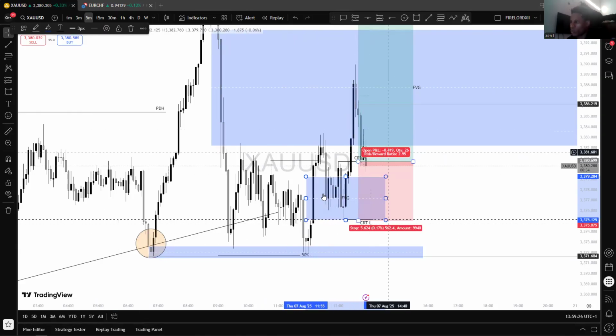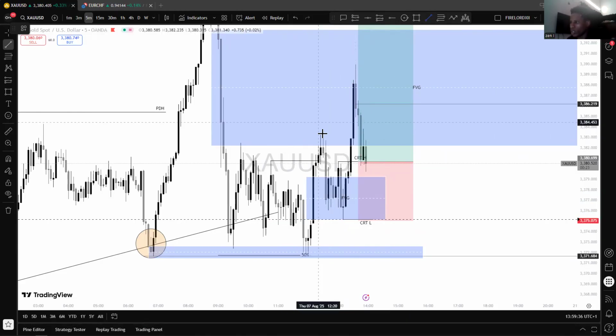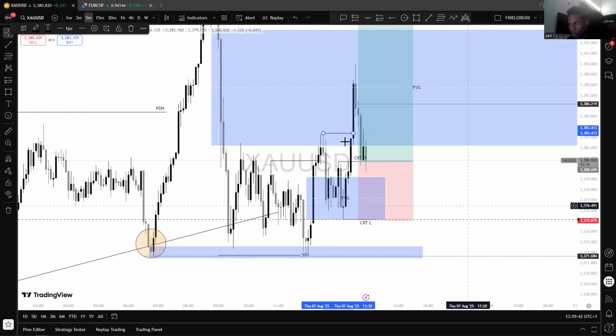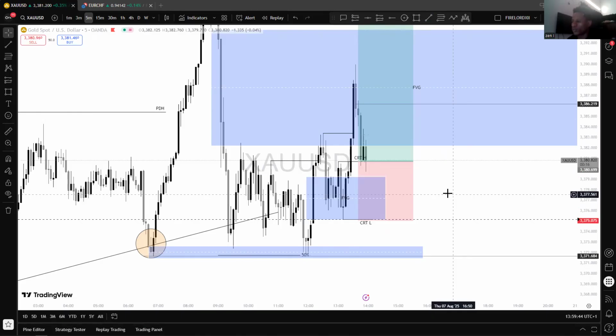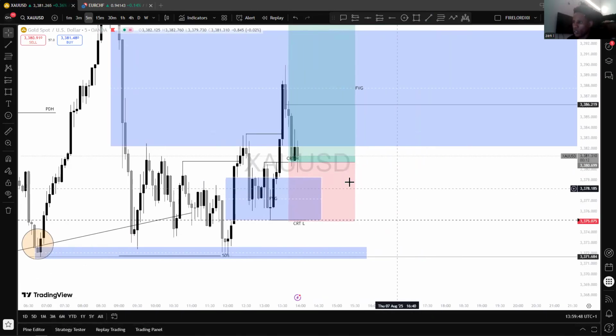So price plays around in this fair value gap, then uses it again to push to the upside and broke structure again. The origin that led to the break of structure, I would say, would be this little man here.